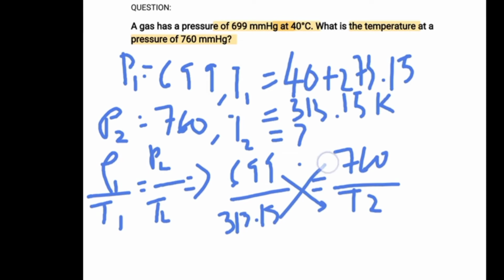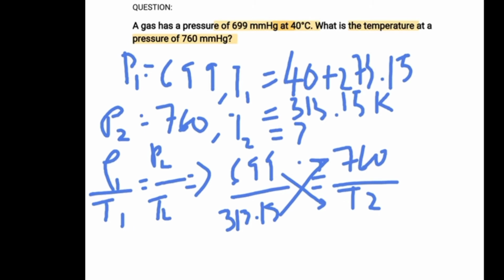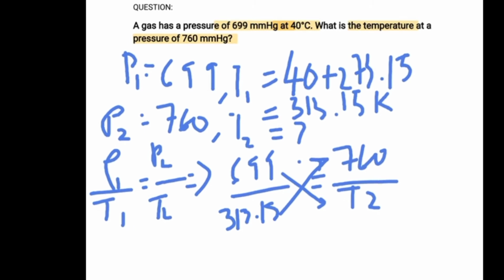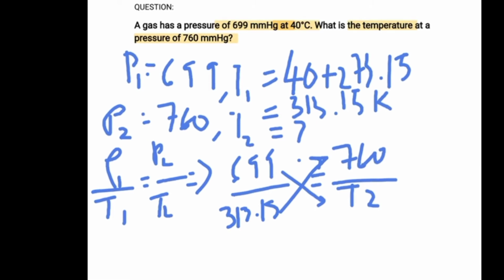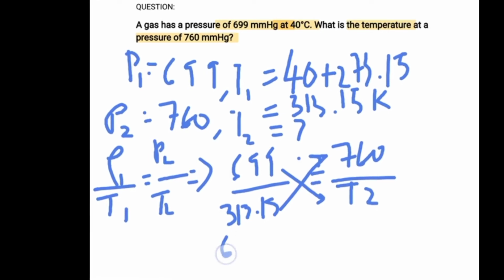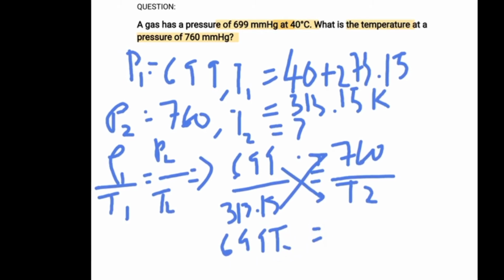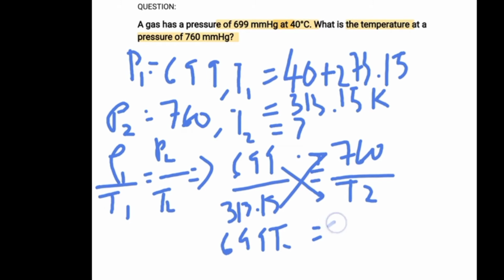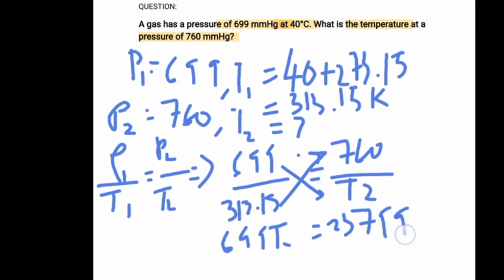So cross multiply, we get 699 T2 equal to 237,994.